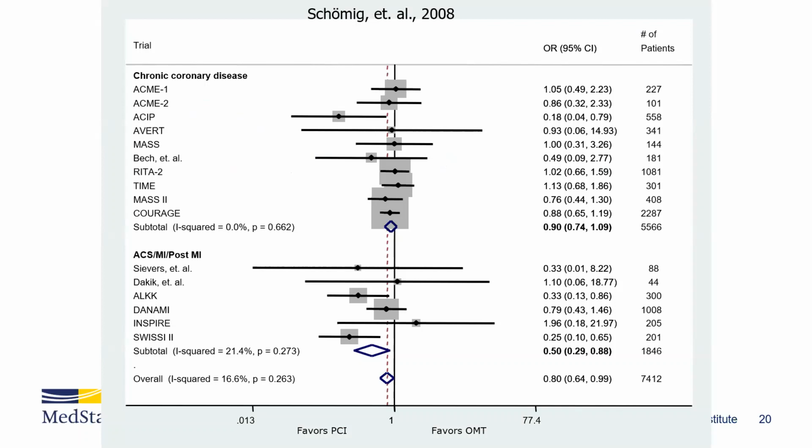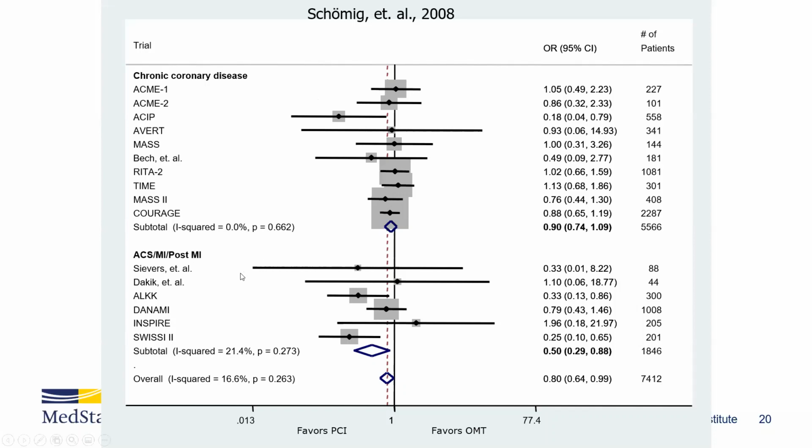And you can see the difference here: the I-squared for the CAD studies is 0. In other words, that means that the variation between the estimates here, the odds ratios, is just due to random sampling variability.